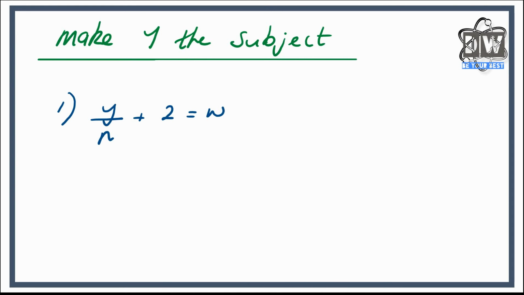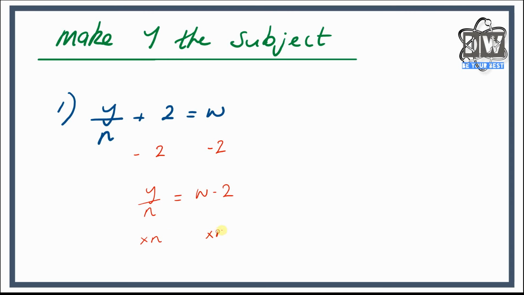Okay, so like a two-step equation, we've got to do the same thing. We've got to minus 2a from both sides, and then rewrite y over n equals w minus 2. Now we've got y divided by n, so we're going to times it by n.